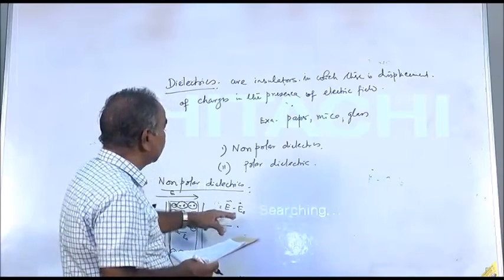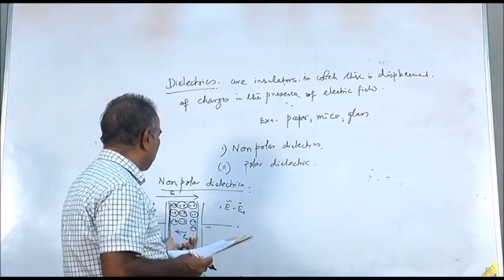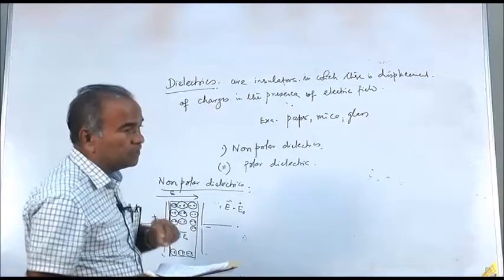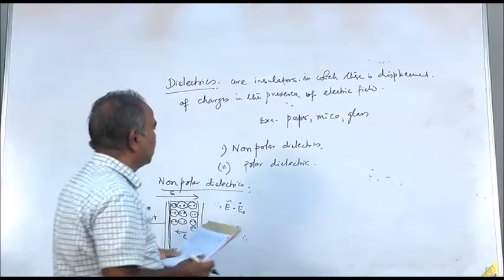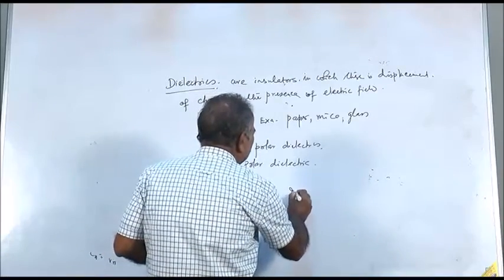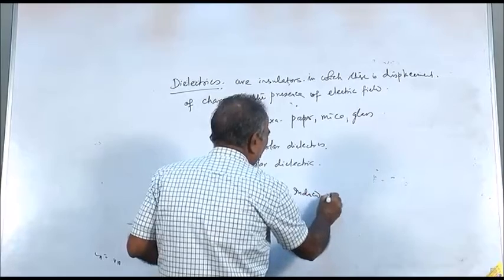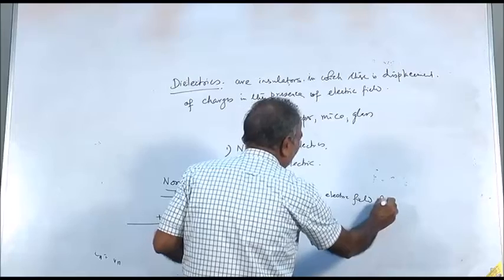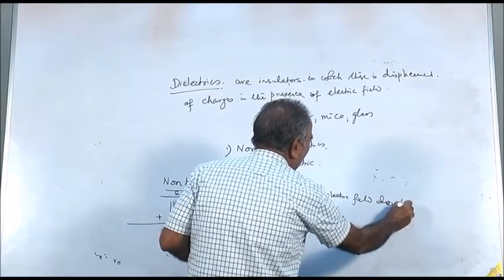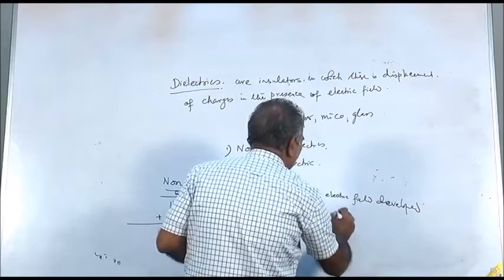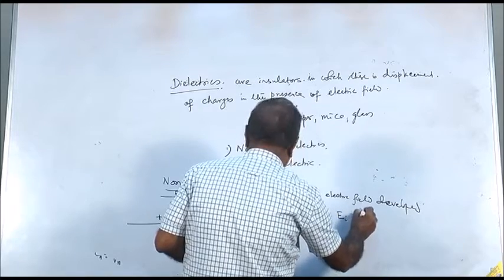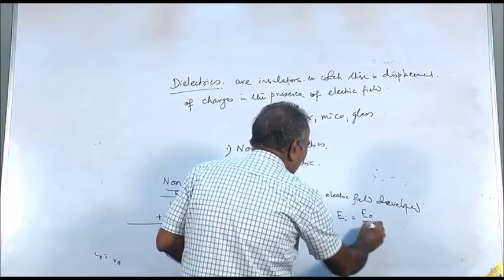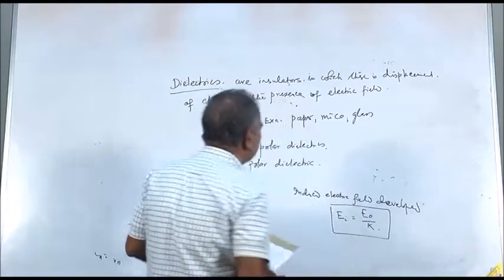And in both cases, an electric field is developed inside the dielectric in a direction opposite to the direction of the applied field, and the induced electric field developed is EI, equal to E0 by K. K is the dielectric constant.